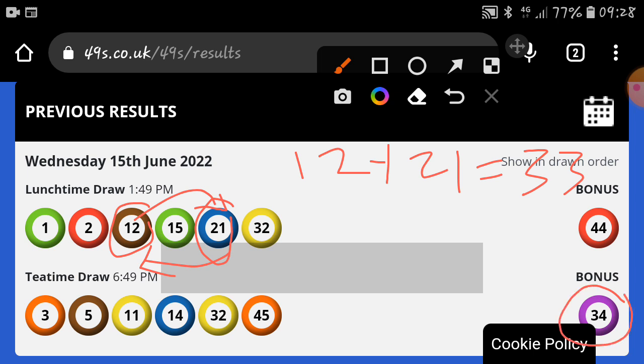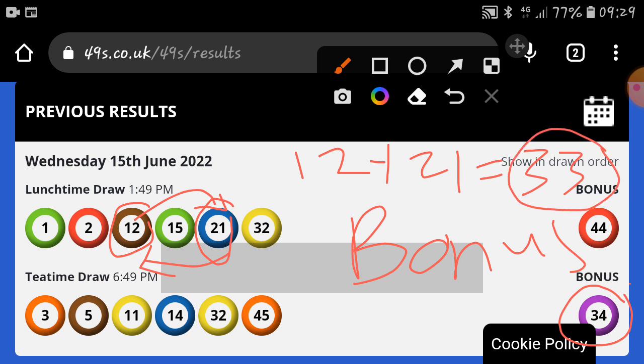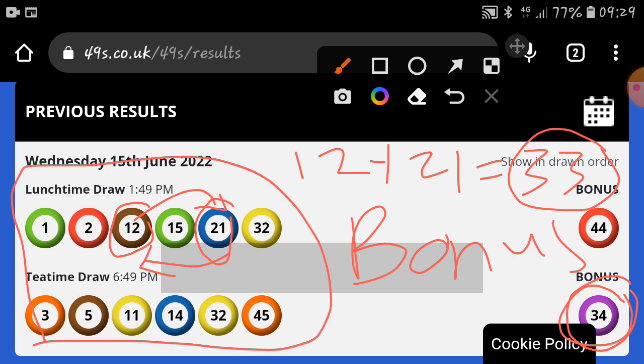Normally this one of exchanging positions gives us a bonus. The number that comes out comes as a bonus. So 33 and 34, we just missed by a next door number to get a bonus, right? So that's how you can analyze these previous results.